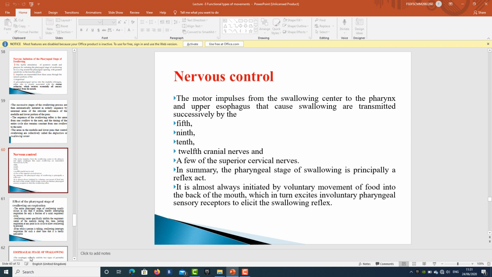They are the 5th cranial nerve, the 9th cranial nerve, the 12th cranial nerve, and a few of the superior cervical nerves. So if we want to summarize, the pharyngeal stage of swallowing is principally a reflex act.